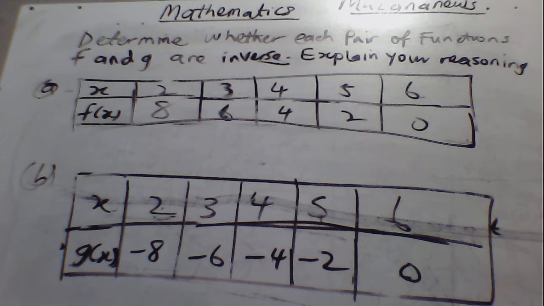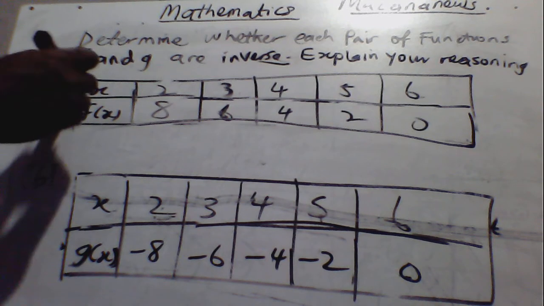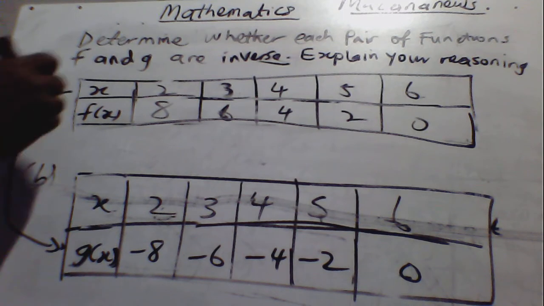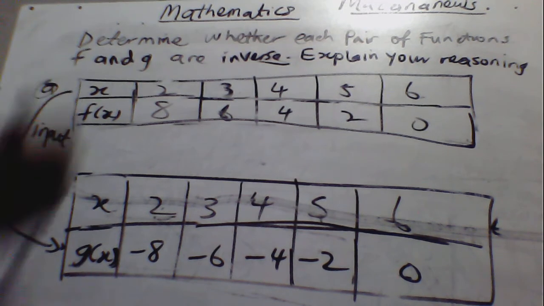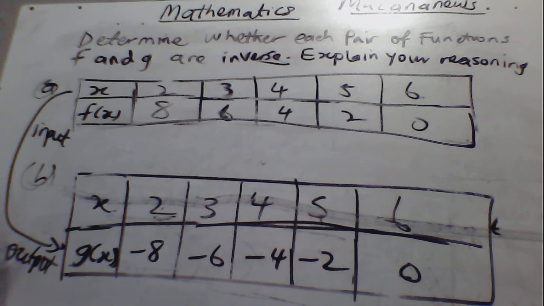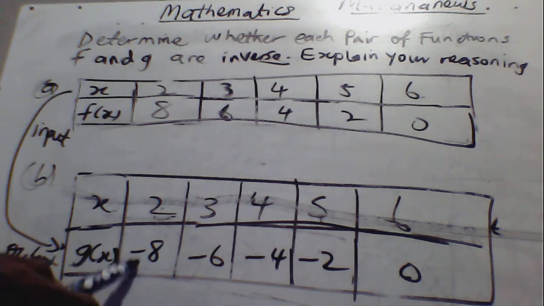So determine whether each pair of functions are inverses. Look at the input and output. Input of this, output of this. Are they equal? I hope you have seen it. The input and output: minus 1, this is 2, this is minus 3, minus 4, minus 4. It doesn't go. Look at the output of the input.